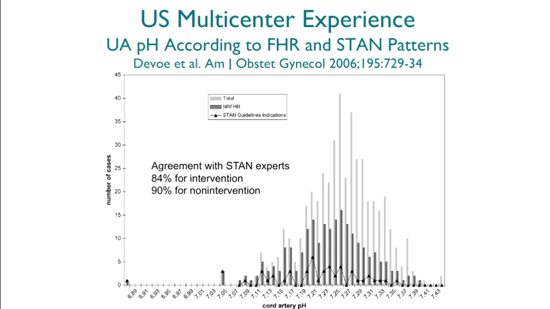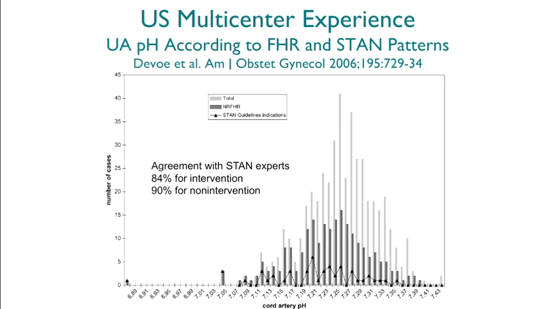The dark columns are the number of cases for each pH that were felt to have a non-reassuring fetal heart rate pattern. So you can see there was quite a significant number of cases at each of these pHs with non-reassuring fetal heart rate pattern, and most of these were in the normal range of cord gases.